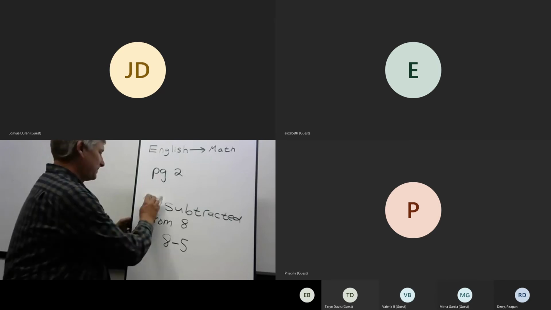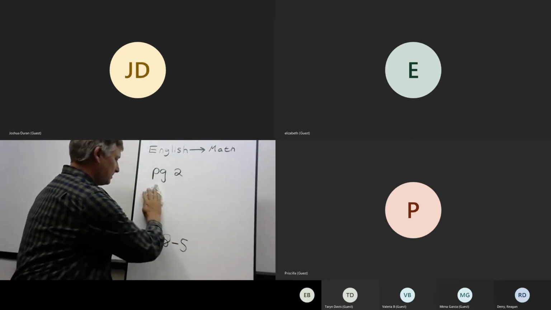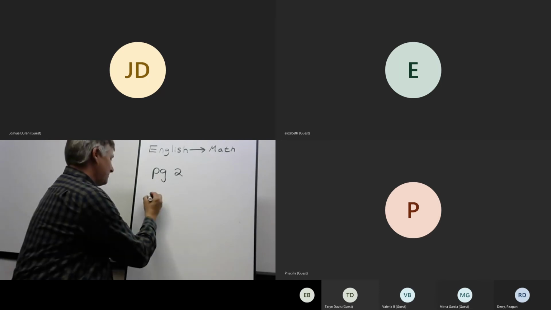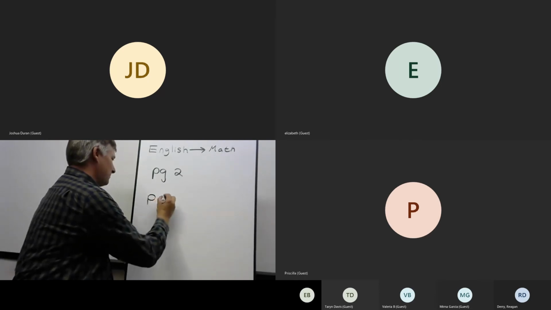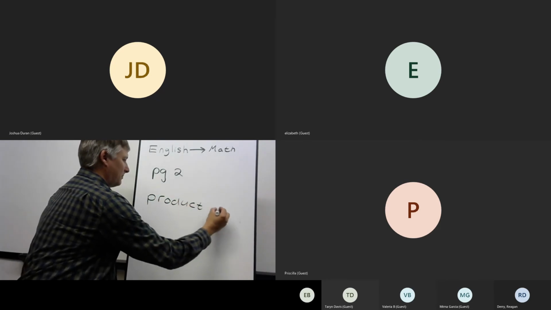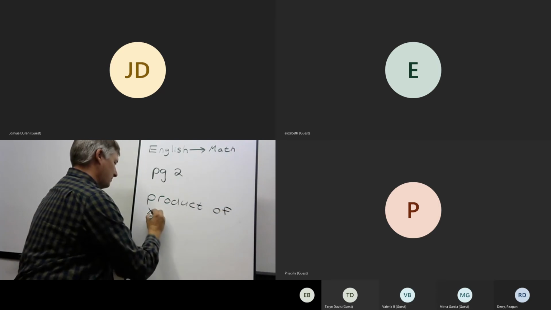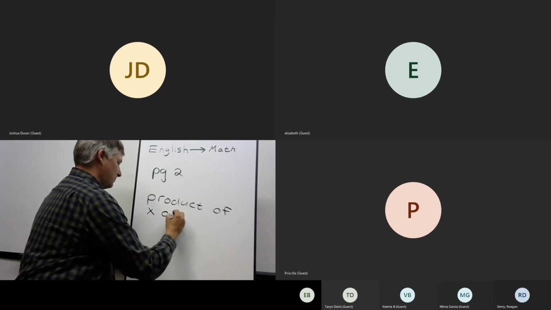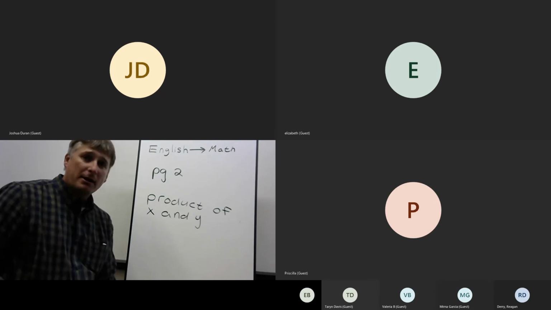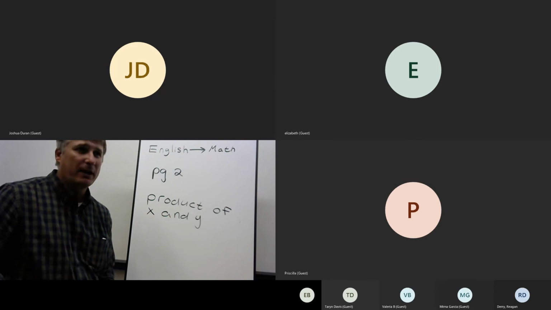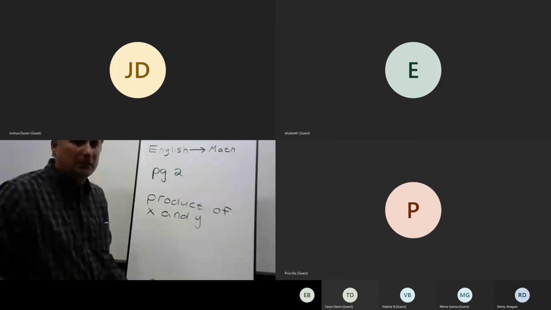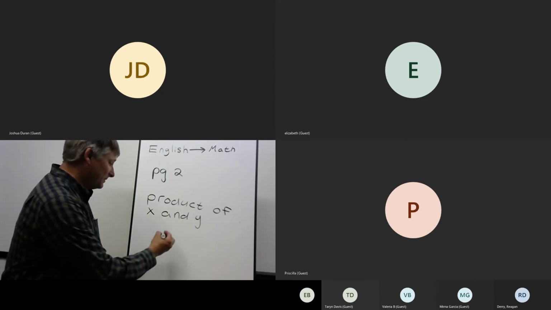Let me do a couple more. The product of x and y. Product means multiplication. And as you've seen in algebra before, and as we're going to be reviewing, there are lots of different ways to write multiplication in algebra.